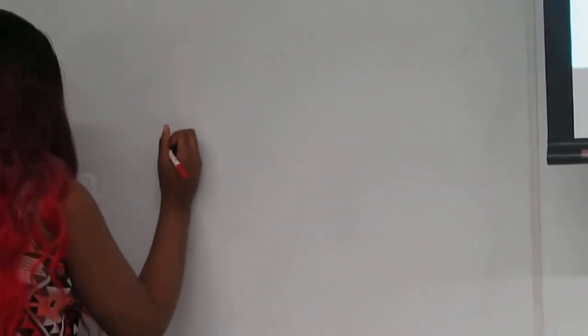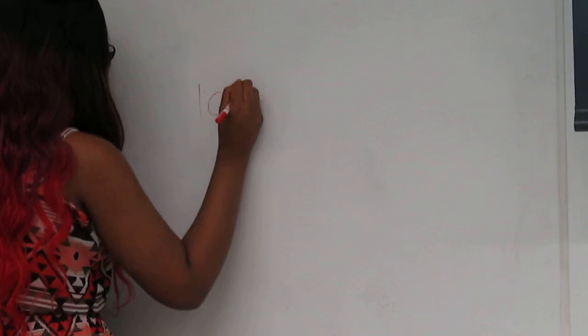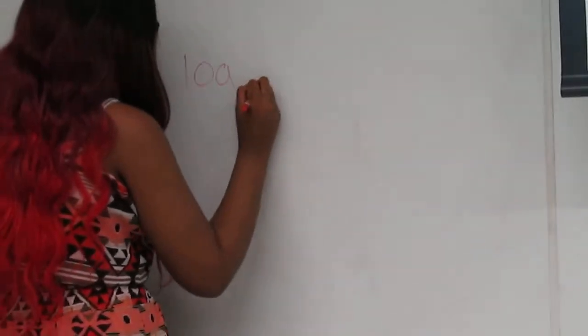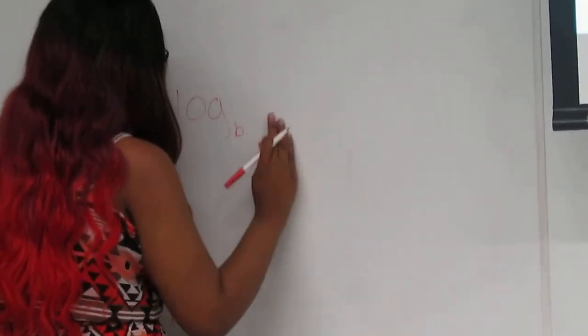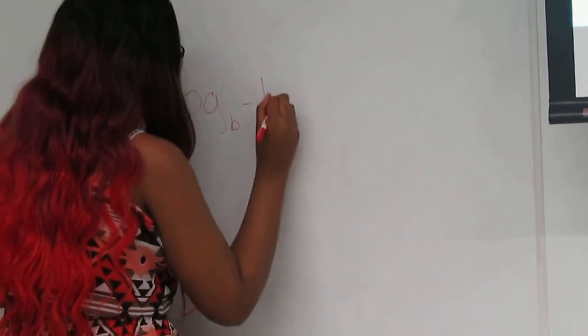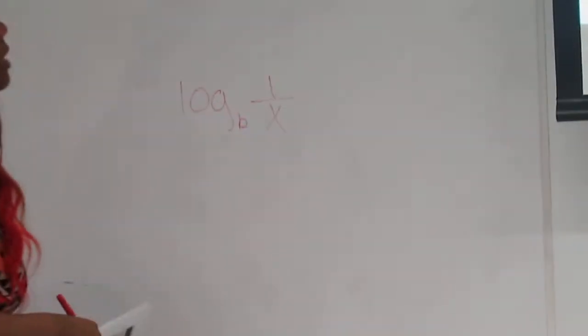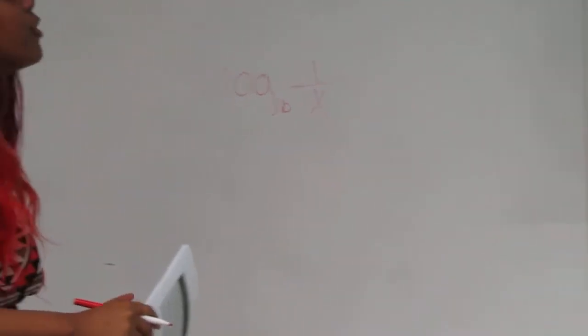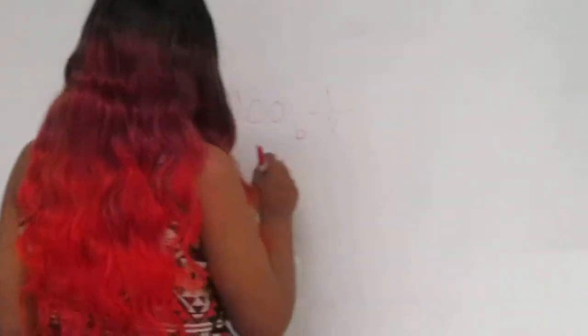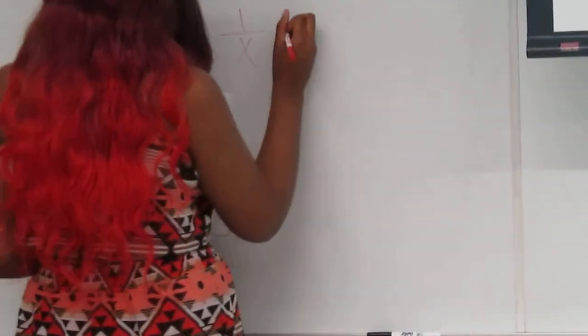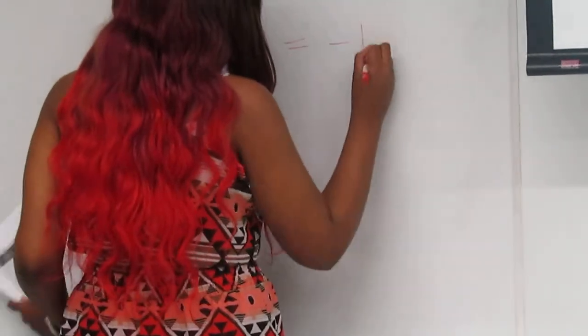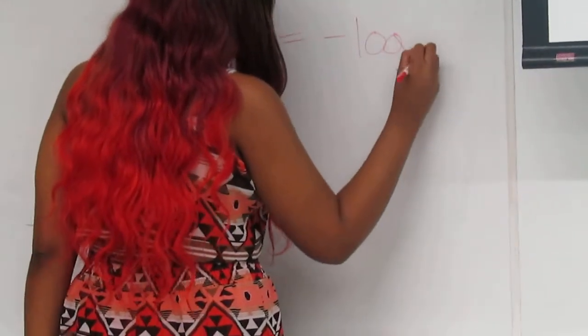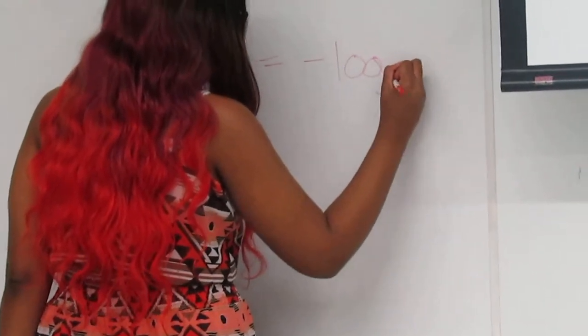Reciprocals, it would be log base b of 1 over x. When you pick up reciprocals, you tend to think of one over x anyways. It's basically the same thing with this concept, except you would be using log instead. And it would be log base b of 1 over x equals negative log base b of x.